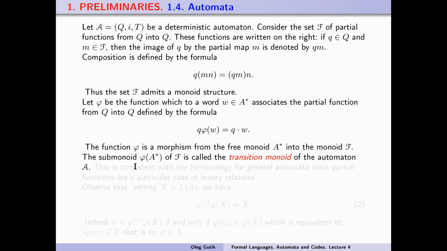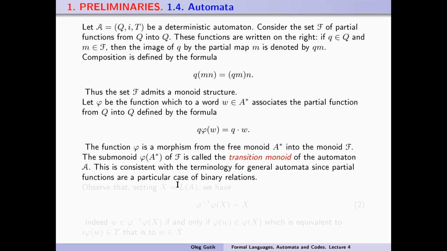The monoid which is the image under the mapping phi of the free monoid A star, the monoid F, is called the transition monoid of the automaton A. This is consistent with the terminology for data automata, because partial functions are a particular case of the binary relation.